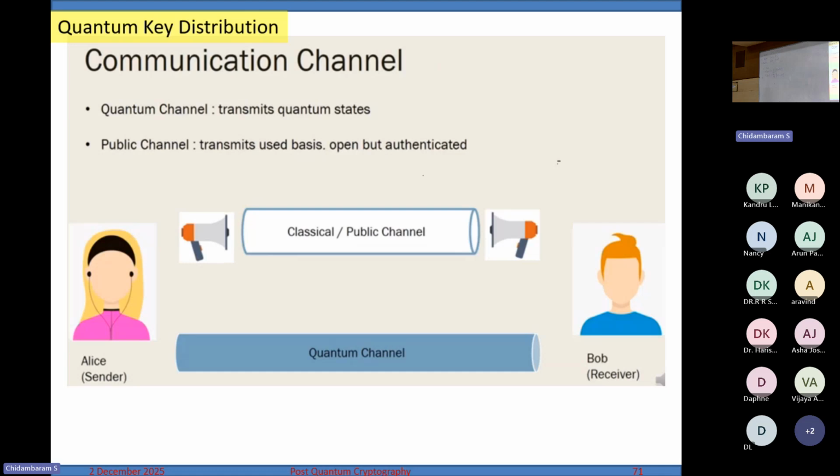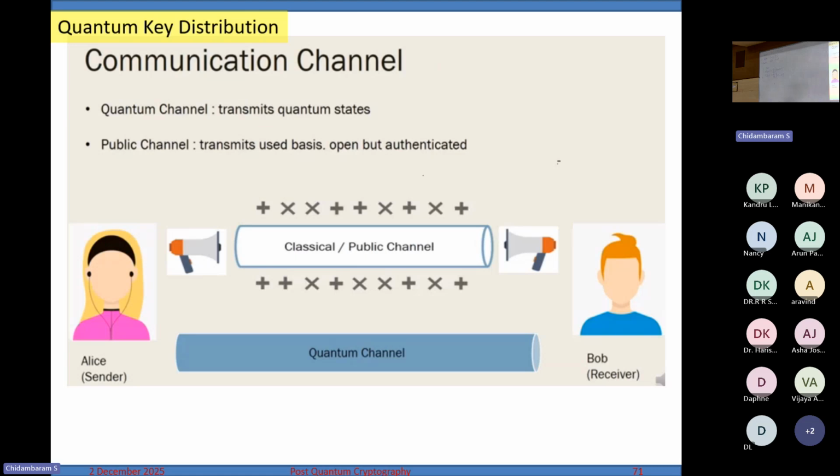Once the common basis is there, only the corresponding bit would be used. Otherwise, you discard it, right? So you can see that in the classical channel, you are only sharing the basis, right?